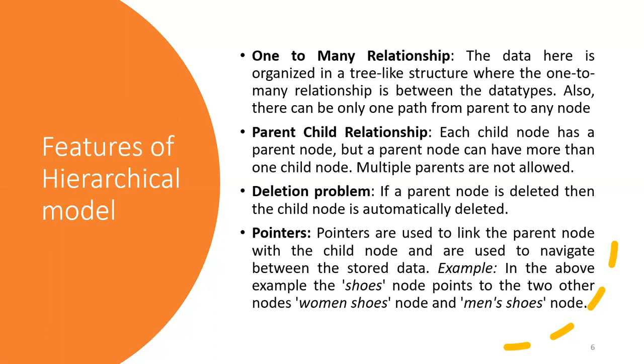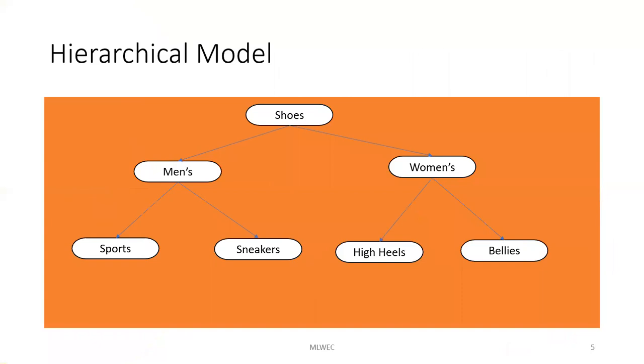Observe this picture: if you want to reach the leaf node high heels, we can traverse from shoes to women's and from women's to high heels. This is the only path we can traverse, and we cannot use any other path.